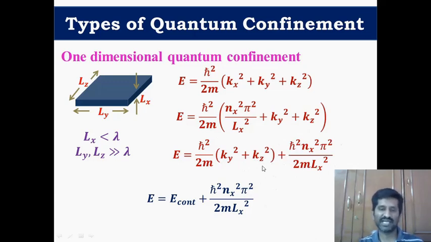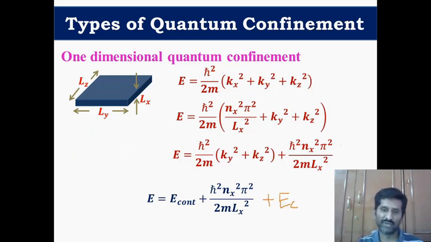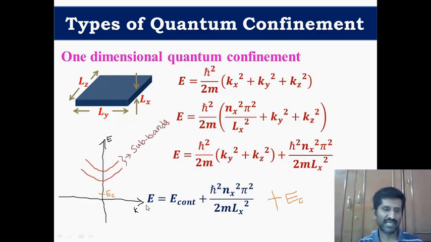For a semiconducting material, since electrons are available from the lowermost energy of the conduction band, we have to add the lowermost energy of the conduction band, that's EC. In the energy distribution diagram, electrons are filled from EC plus this factor, and you have a continuous energy distribution due to the first term of this equation.